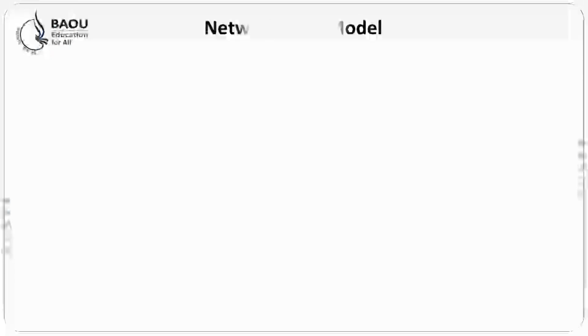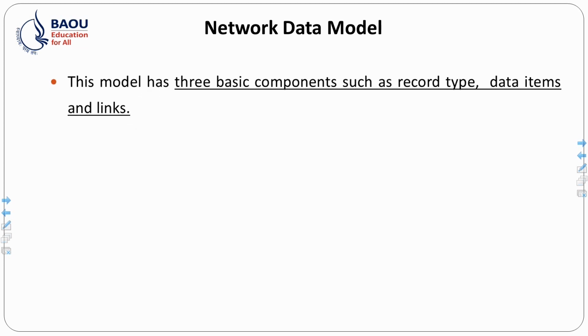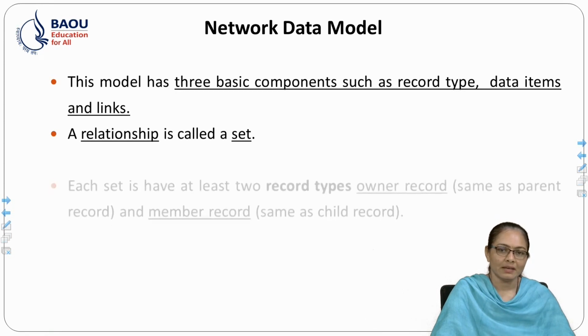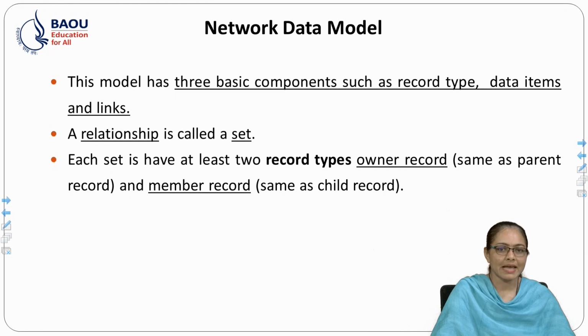Now the next is the network data model. This model has three basic components such as record type, data items and links. The relationship is called a set. Here we can say the relationship is a set, and each set has at least two record types, which are the owner record and the member record.